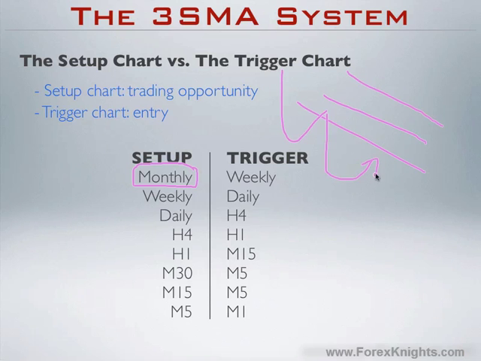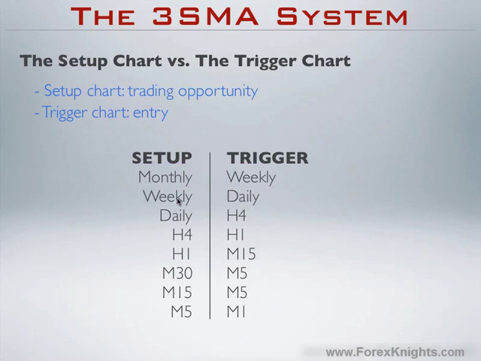When price retraces back to the dynamic area of support and resistance, you want to be zooming into the weekly time frame in order to nail down the bounce point, to read the bounce as accurately as possible. So instead of entering there, you will hopefully manage to enter the trade just a little bit earlier. That's the only use we are going to have for the trigger chart.